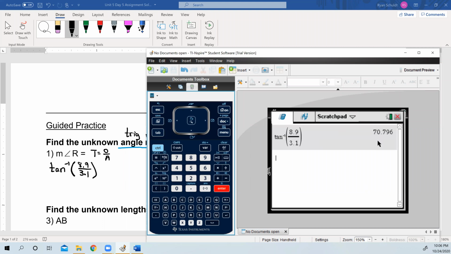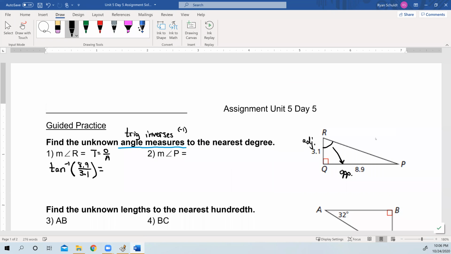So that's 70.79. If I want the nearest degree, that would be 71 degrees. So I know that this angle is 71 degrees.